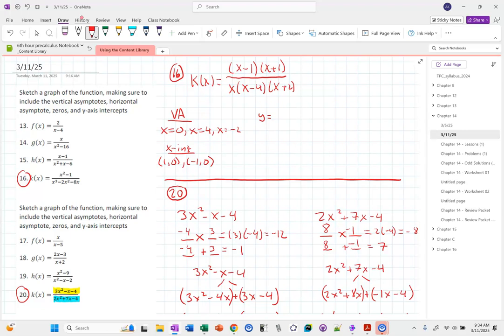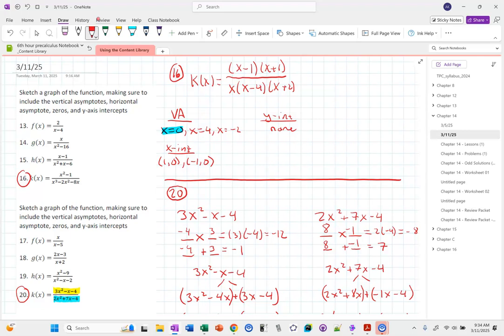If I plug 0 in for x, what's going to happen? If I try to find the y-intercept and I plug 0 in for x, is there going to be an answer? No. I'll get something over 0, or 0 over 0.